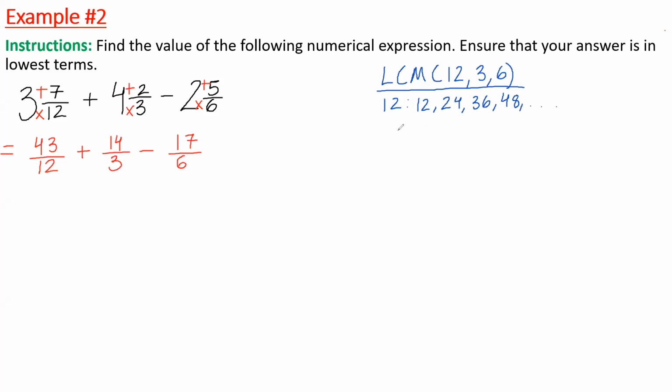And then for this one, we have the multiples of 3 now. Help me out with the multiples of 3. It's going to be 3, 6, 9, 12, 15, and 18.